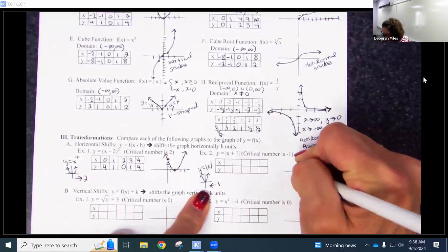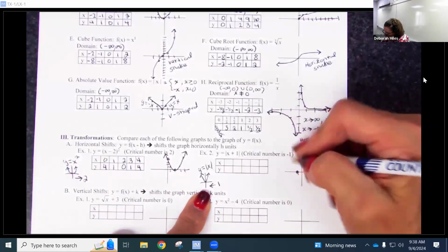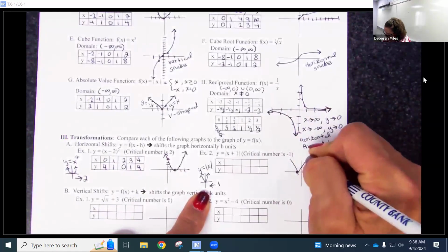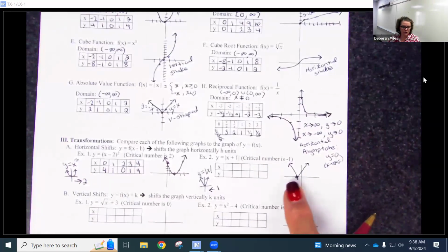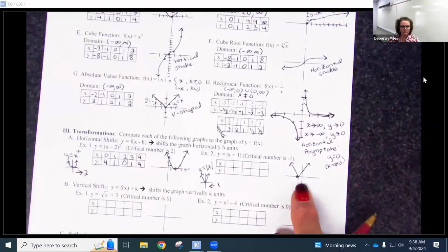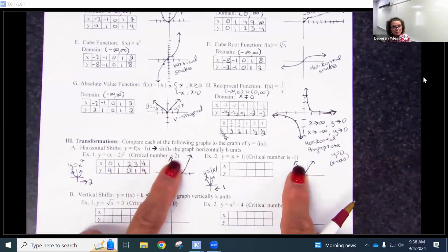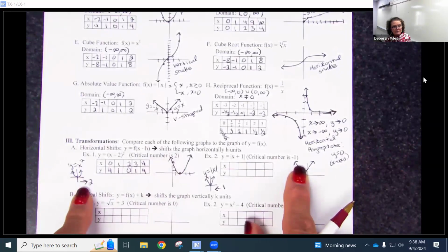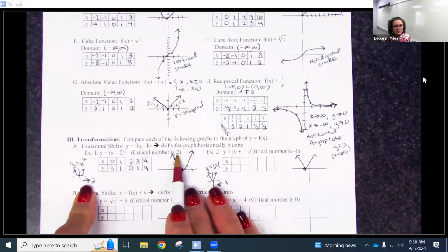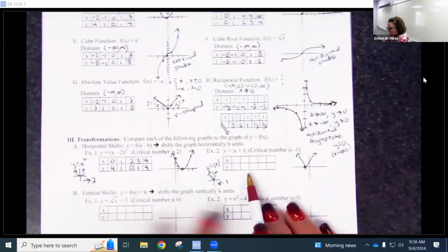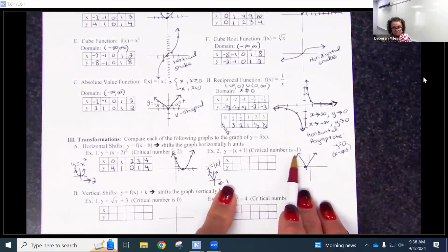So I'm just going to make that critical point at -1 instead of 0, and then attach my nice smooth V-shaped graph that turns around at -1. And you'll notice on both of these examples, the critical number is the horizontal shift. If this graph is shifted to the right 2, then the critical number is 2. This graph is shifted to the left 1, the critical number is -1.